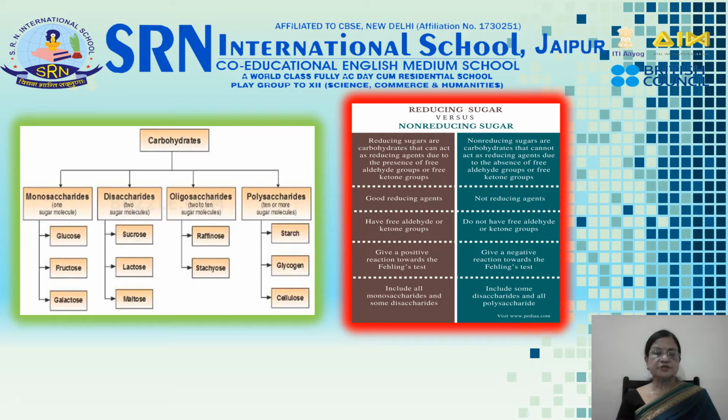Reducing sugars give a positive test with Fehling solution, whereas non-reducing sugars give a negative test. Examples of reducing sugars are all the monosaccharides and some of the disaccharides. Examples of non-reducing sugars are some of the disaccharides as well as all the polysaccharides. For example, sucrose is a non-reducing sugar.